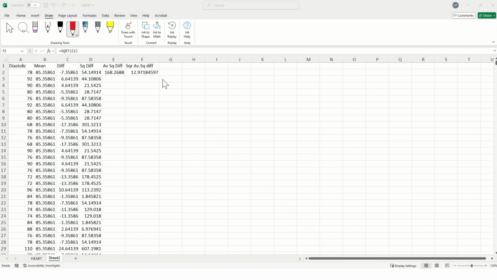Okay, we call this average square difference the variance, and this square root of average square difference the standard deviation. So the standard deviation of all the diastolic values from the mean is 13.97.